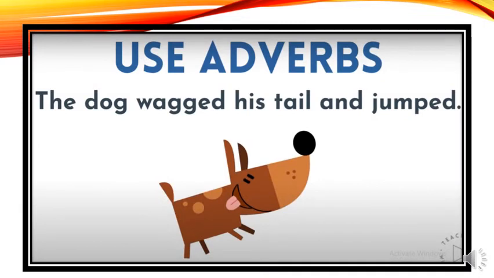You can add adverbs to make your details more interesting. Now, have a look at this boring sentence. The dog wagged his tail and jumped. Don't you feel it is boring? So, you have to add adverbs in it to make it more interesting. Let's see how we will add adverbs to change this sentence into an exciting one.